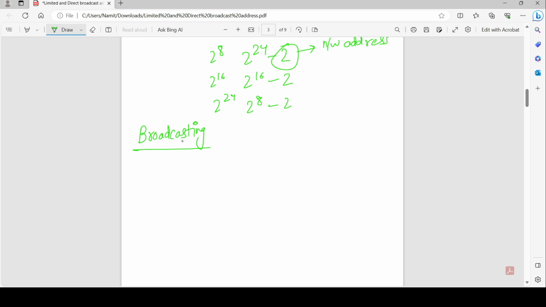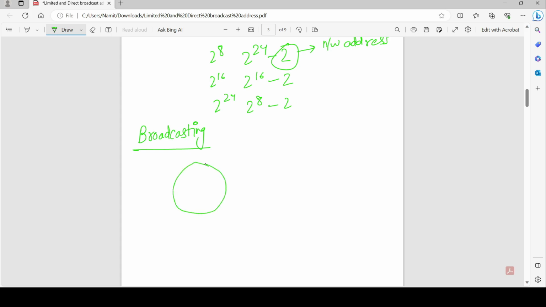Once again, broadcasting is the procedure in which a host wishes to send data to all the hosts of its own network, known as the current network, or some other network. What I mean to say is, let's say we have different networks.